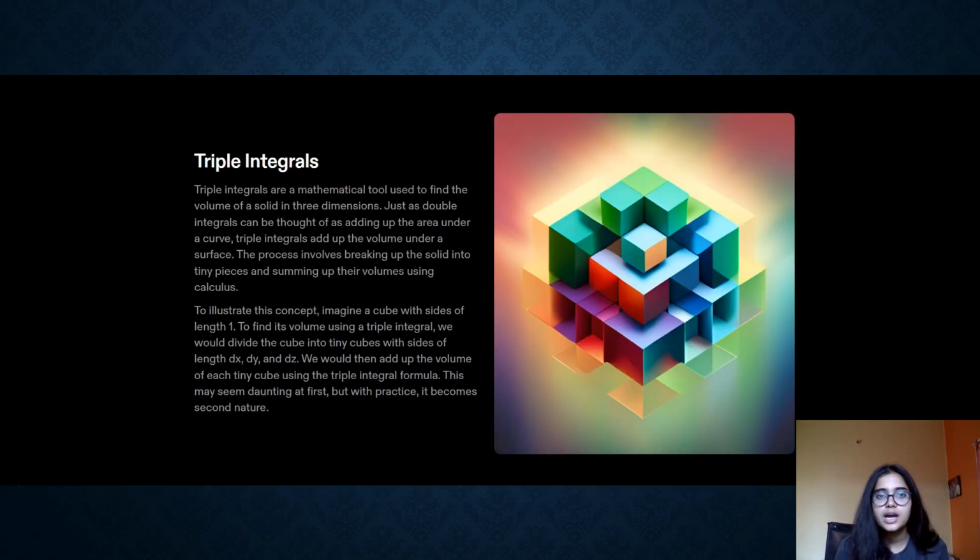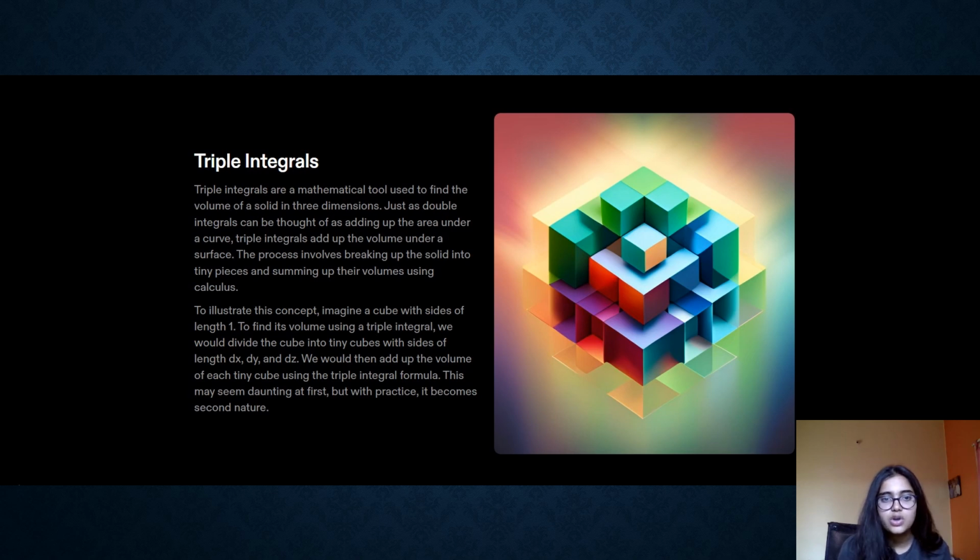Triple integrals are a mathematical tool used to find the volume of a solid in three dimensions. Just as double integrals add up the area under a curve, similarly, triple integrals add up the volume under a surface. This process involves breaking up the solid into tiny pieces and summing up their volumes using calculus.